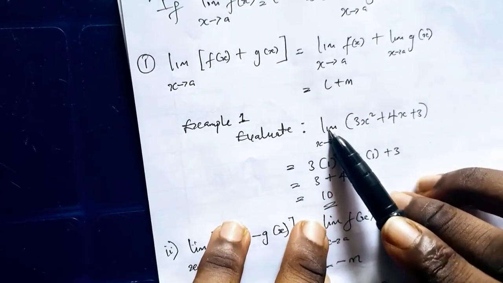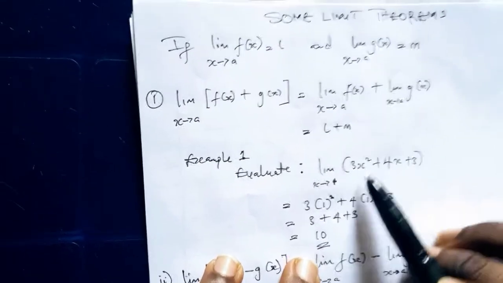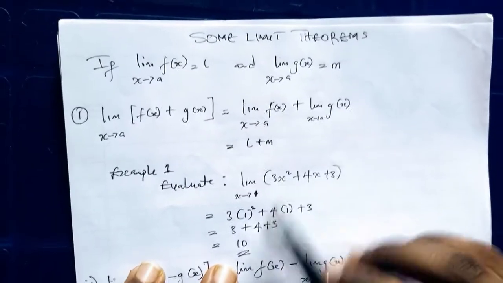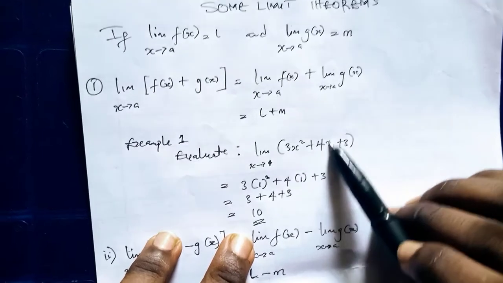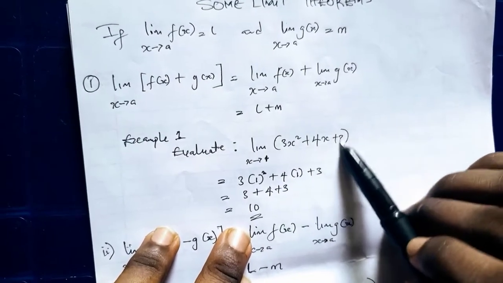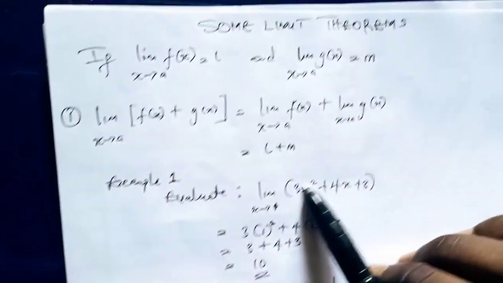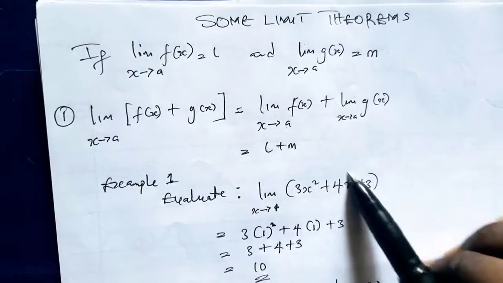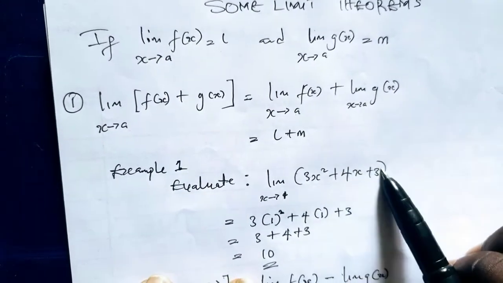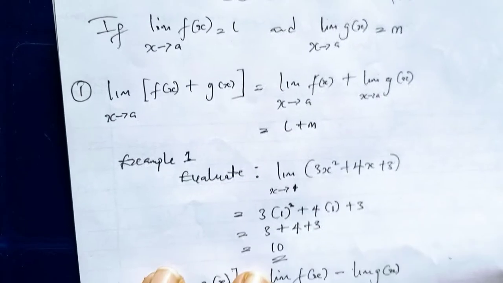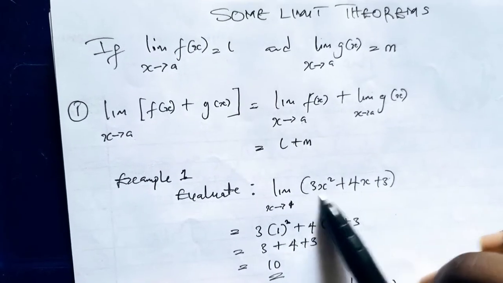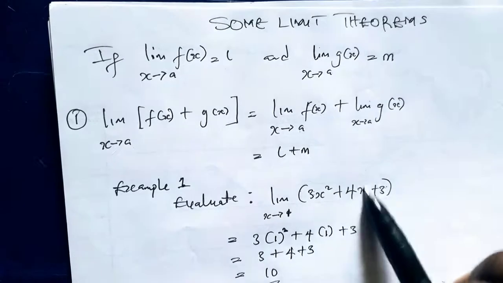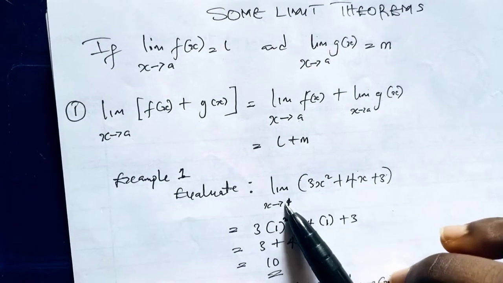We are given the limit of 3x squared. So this is f of x, and this is g of x, and this is a constant. So this is the function f of x, and this is another function g of x plus a constant. It is the same thing as taking this limit and adding it to this other limit as x approaches 1.